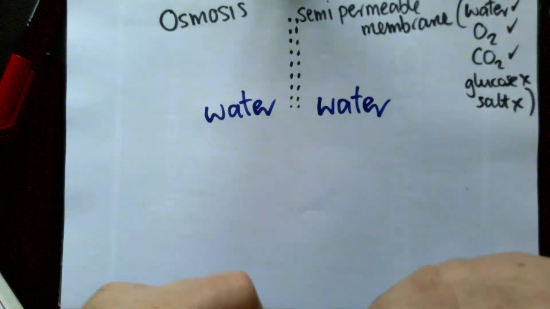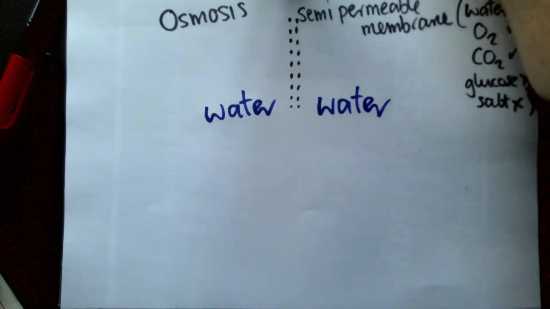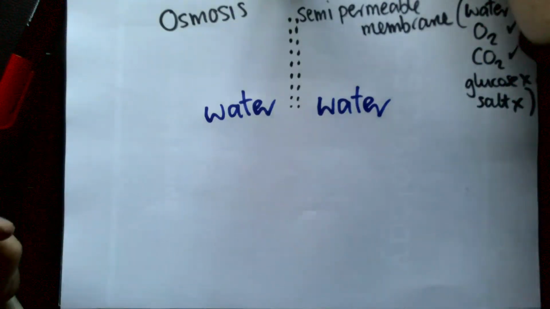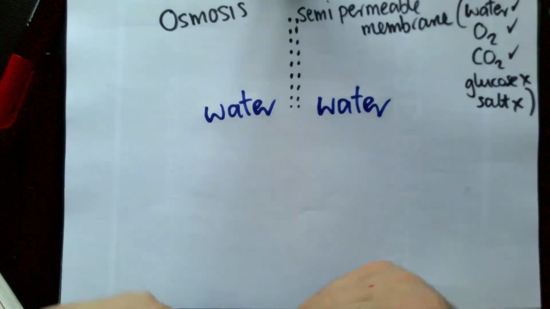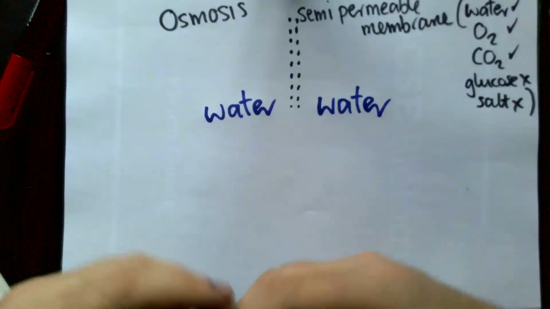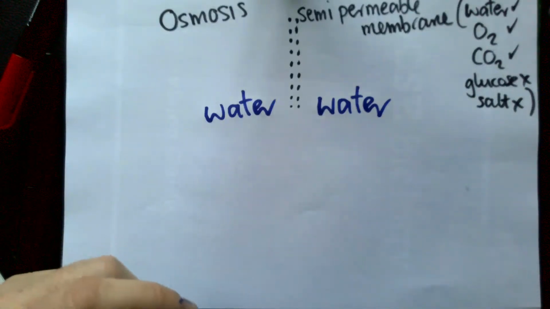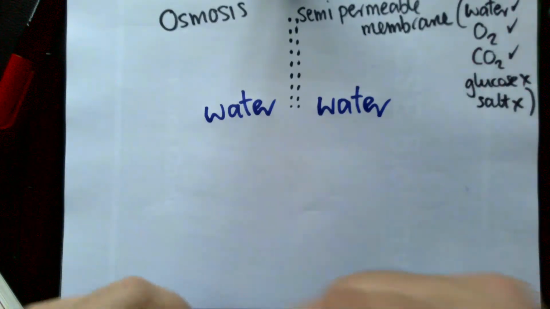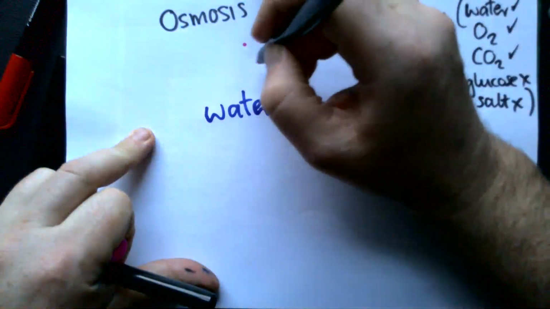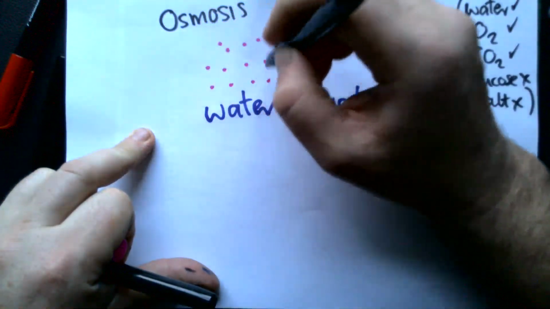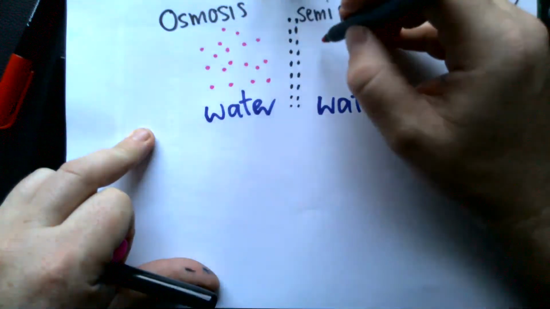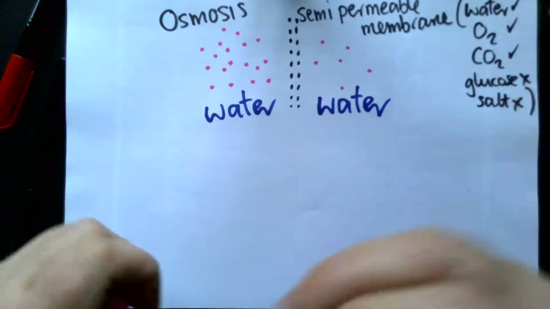Our cells are full of water, but we have things dissolved in it. So I'll do this in pink actually. Let's do it in pink. And let's do a lot of these molecules over here. And let's go for a few over here.